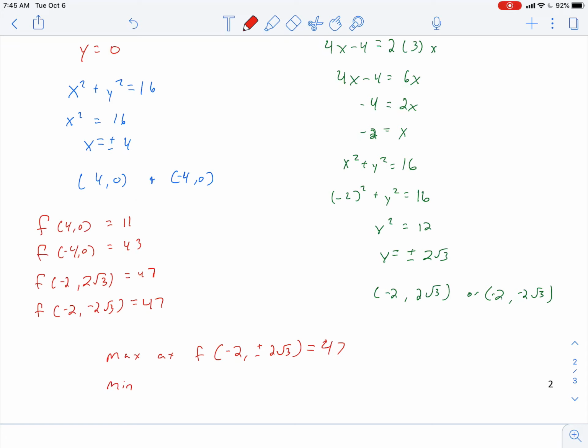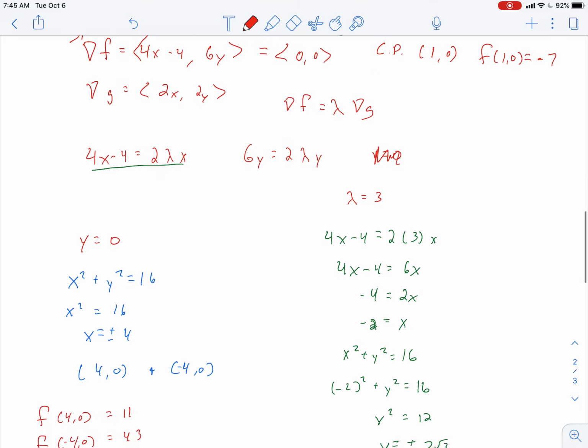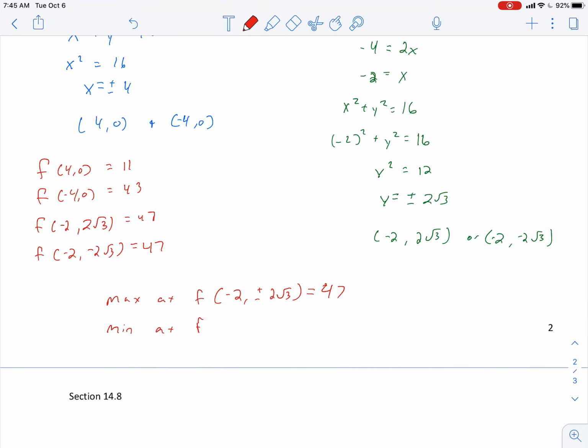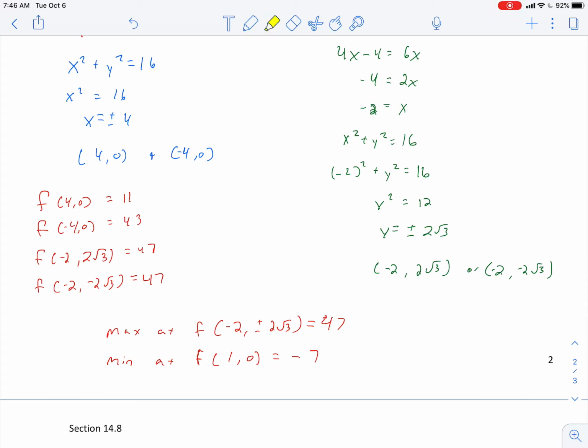And then we're going to have a min, and that min is at not 11, but negative 7. So f of 1, 0, which is negative 7. All right, and that is everything.